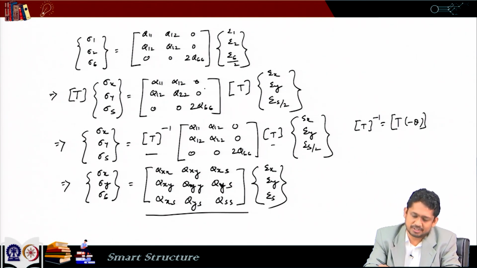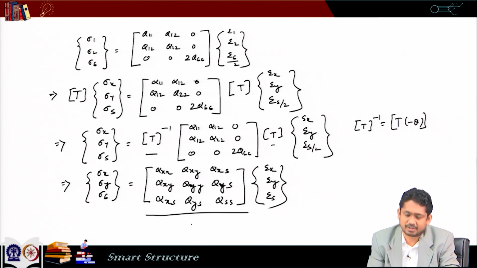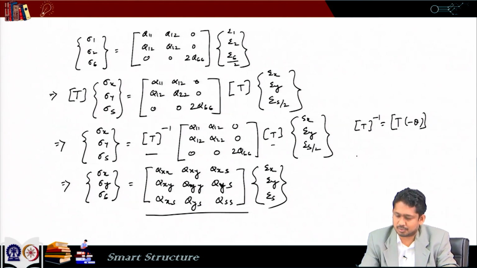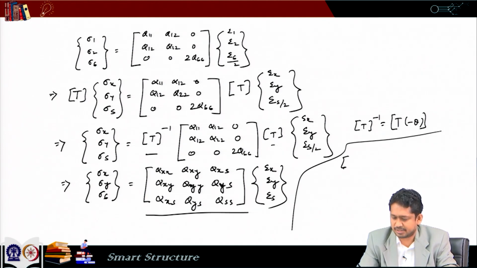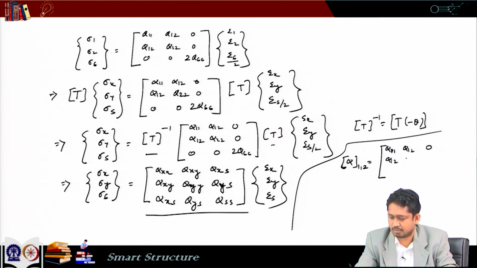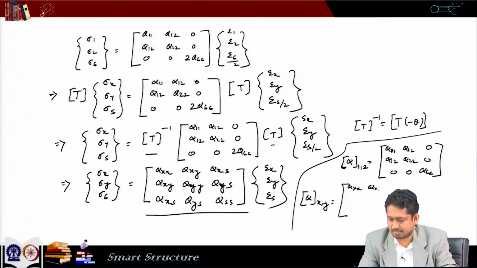So, this was the constitutive relation with respect to the 1-2 system, and this is with respect to the x y system. To keep things shortened, we write q with respect to the 1-2 system as q11, q12, 0; q12, q22, 0; 0, 0, q66, and when we write Q with respect to the xy system, this is the expanded form.